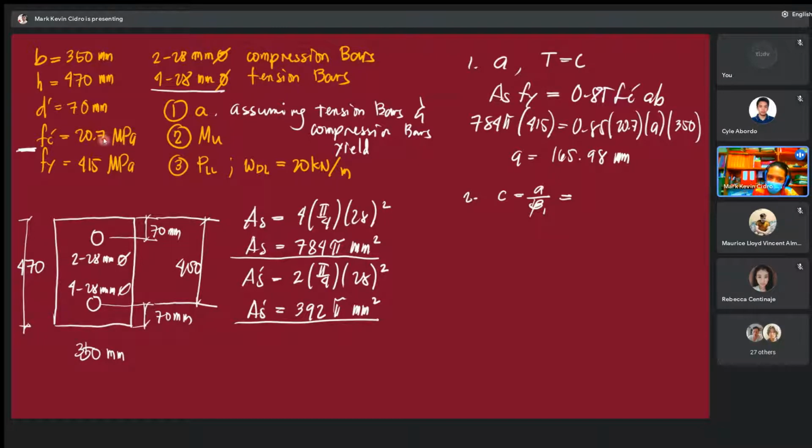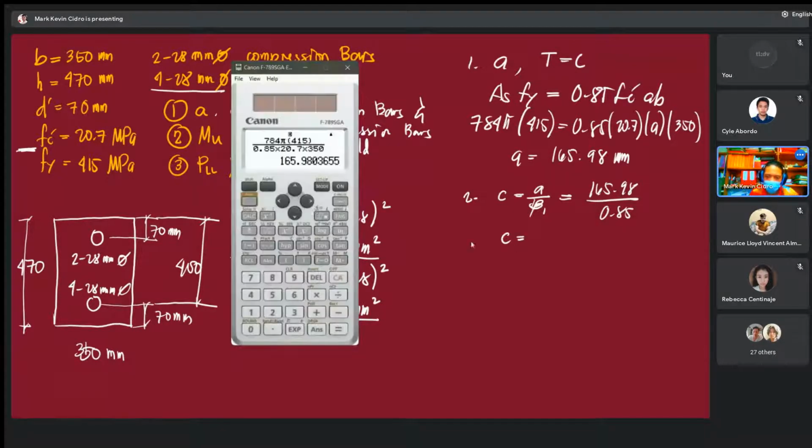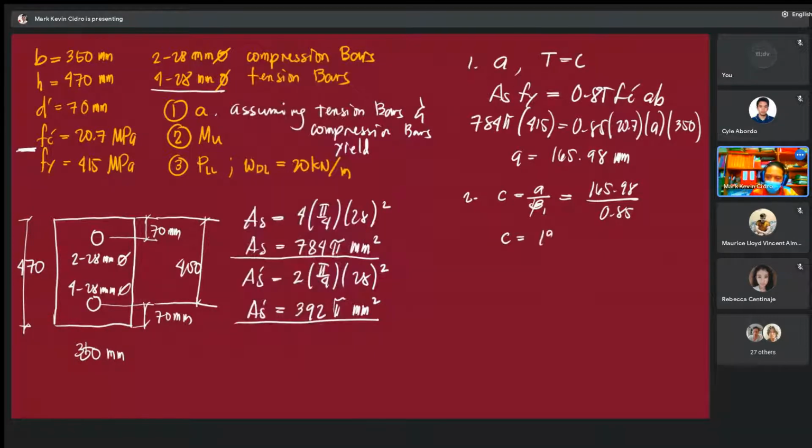So this is 165.98 over 0.85. The value of C is 195.27 mm.